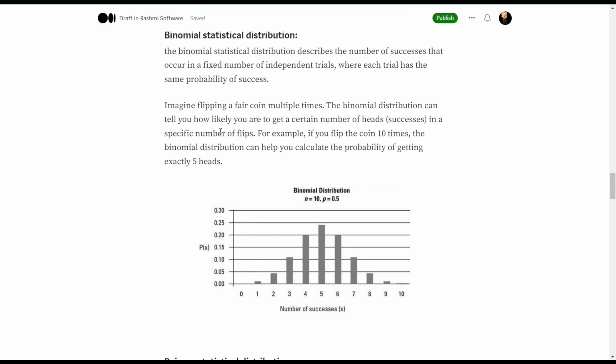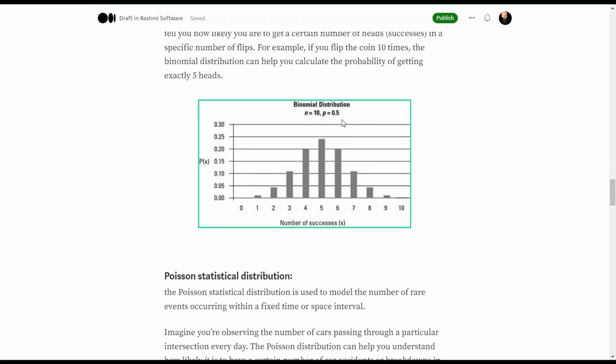For example, if you flip the coin 10 times, the binomial distribution can help you calculate the probability of getting exactly 5 heads. So, you will use binomial statistical distribution. By this graph, you can easily see. Probability is 0.5 in binomial distribution.